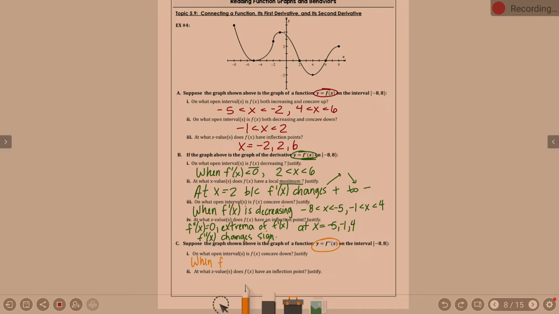When the second derivative is less than 0. When is my second derivative less than 0 here? 2 to 6. So 2 less than x less than 6.